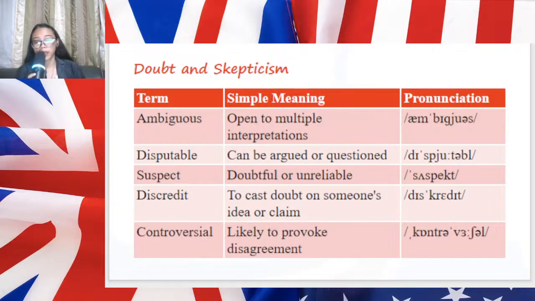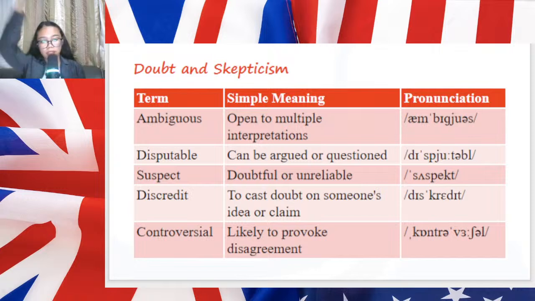It sounds like pect in respect. So you say it firmly. There's a short e vowel sound in there and a consonant cluster of the sounds K and T. So say the T clearly. There's a hard T in it. Okay? So suspect. Again, suspect. Next term is discredit.